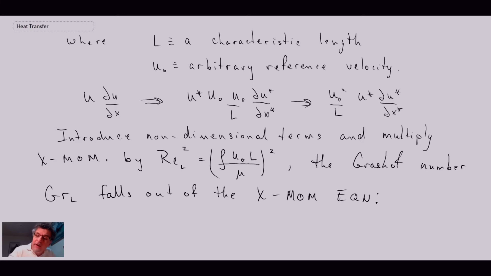So the Grashof number comes out of our x momentum equation. We have not seen it yet, but it is expressed in the following manner.